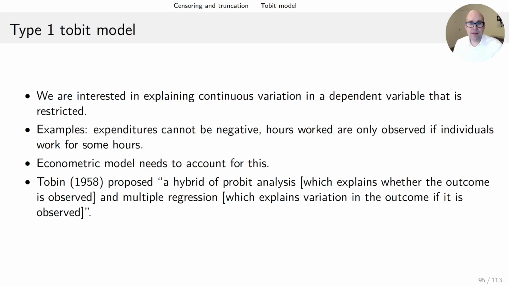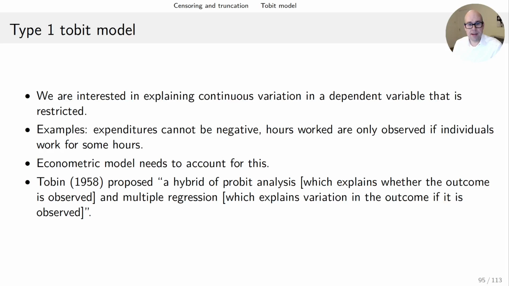The aim here is to have an econometric model that does account for this. So an econometric model that is more general than the linear regression model, y is x beta plus epsilon, that can take this into account.